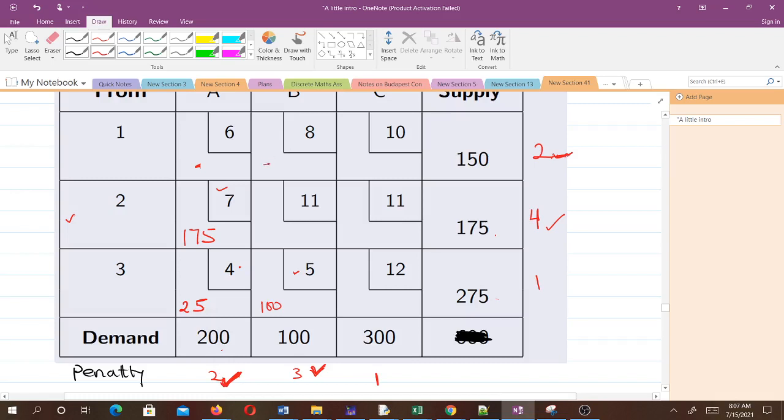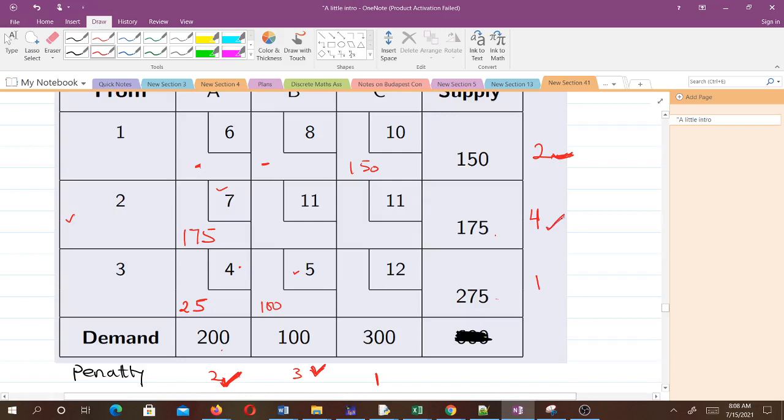When we come here, the next one is 8, but we also can't put anything here because the demand has been satisfied. So that means everything that we have to put can be here. So all the 150 will be here. And now this row, the supply is also satisfied, so we don't go there, right?